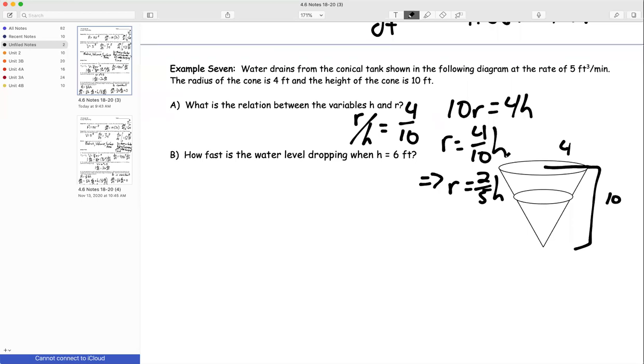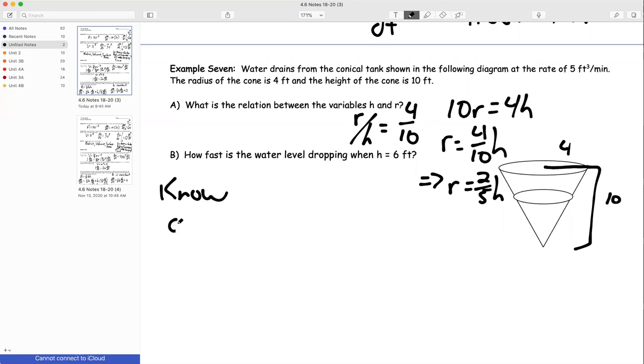Okay, so let's write down what we know. What is this 5 here? I'm going to pay attention to the units. It's 5 cubic feet per minute, and it's a rate of change. So it's the rate of change of what? Of the volume.